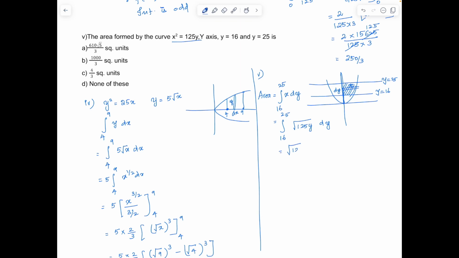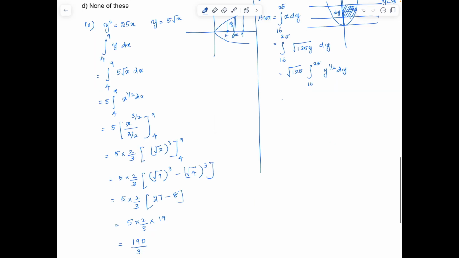Root 125 is taken out. Integral 16 to 25 y power half dy, which is 5 root 5 y power 3 by 2 by 3 by 2, limits 16 to 25.